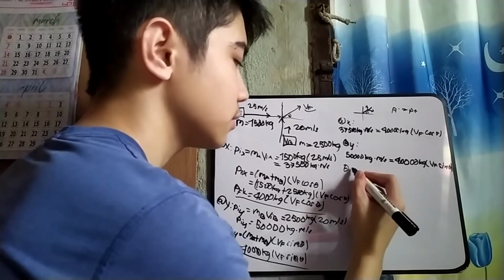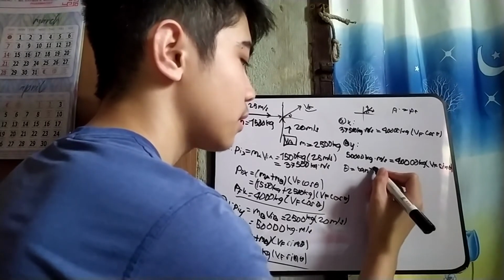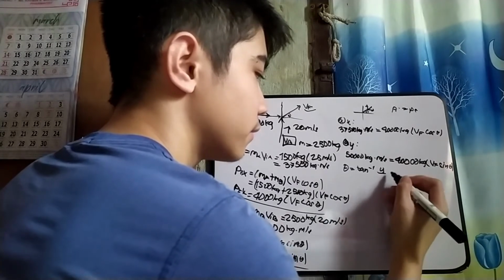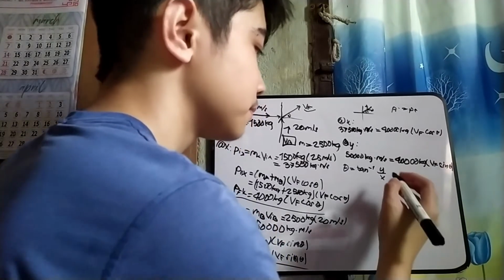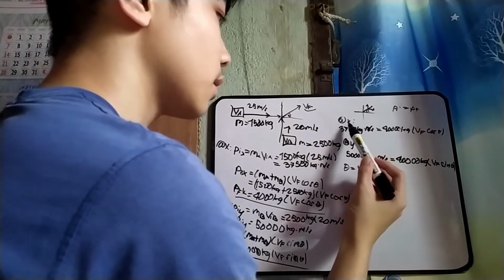So, theta is equal to arctan of y over x. This y over x is the momentum at y over the momentum at x.